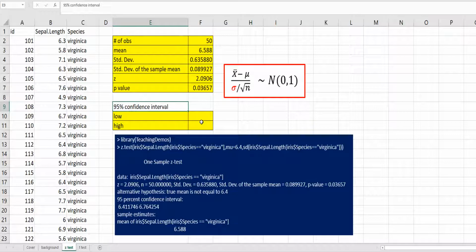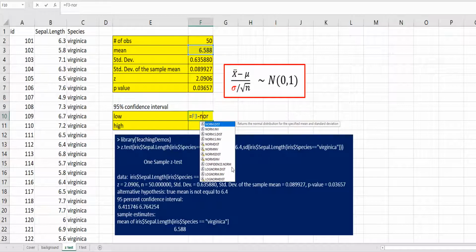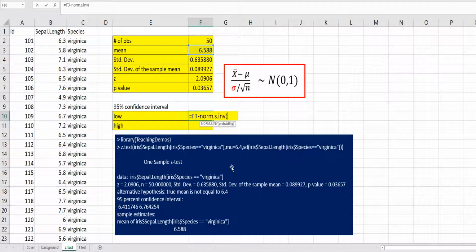So let's calculate the 95% confidence interval. This one. So mean minus the inverse of the normal distribution at 0.975, because we consider a 5% significance level, and times the standard deviation of the sample mean here.